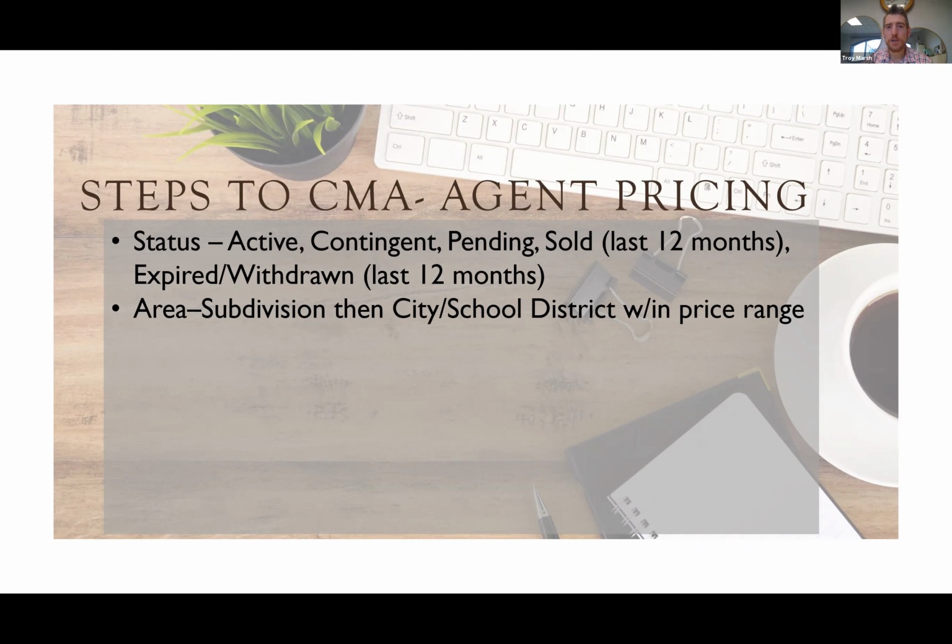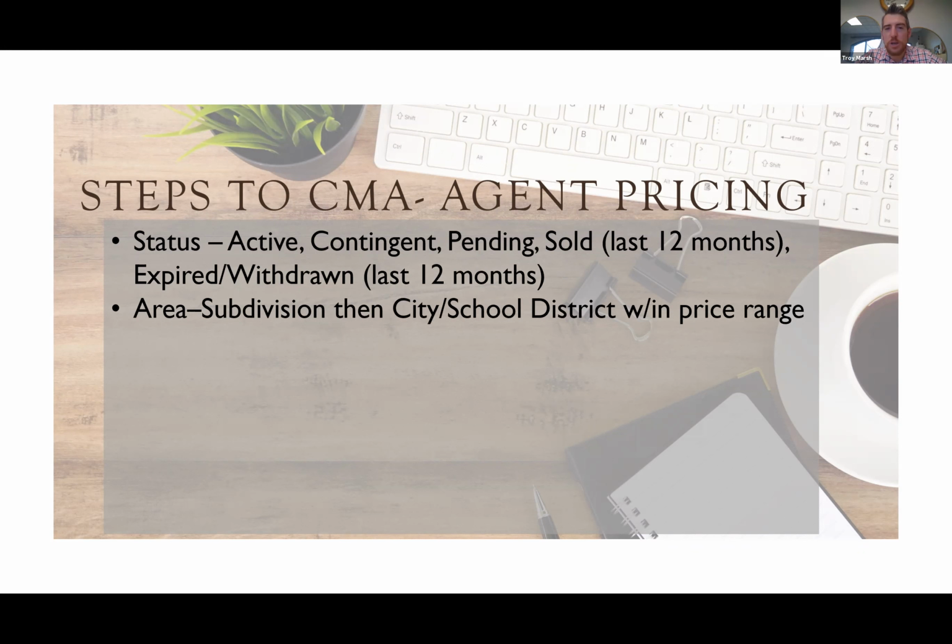If the subdivision, Emily, to your point, doesn't have any sales that are very recent, I definitely will try to find other subdivisions within a mile or two of that subdivision that have had recent sales, just to see if we can find anything that's comparable.